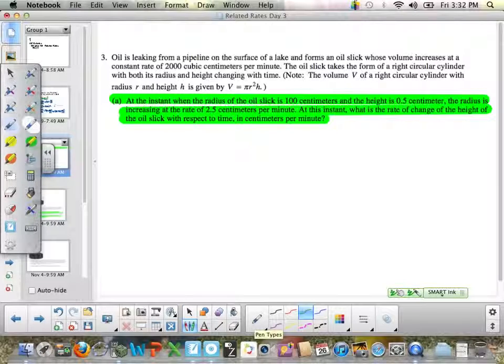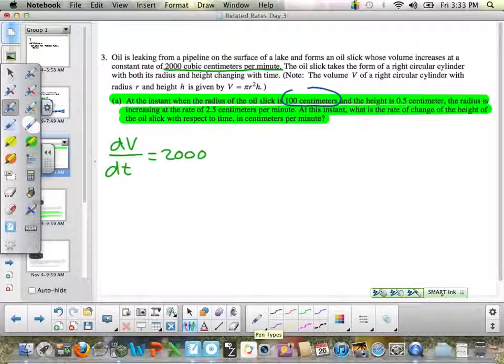We know that the volume is increasing at 2,000 cubic centimeters per minute. So the change in volume with respect to time is 2,000. We know that at one point in time, the radius is 100 centimeters. So r is 100.